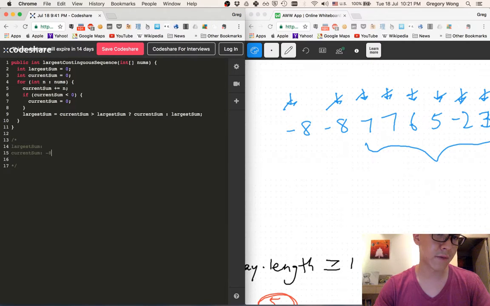Current sum is now -8. If current sum is less than 0, which it is, then it's just 0 again. So maybe it should be 0. And the largest sum is, of course, still 0.